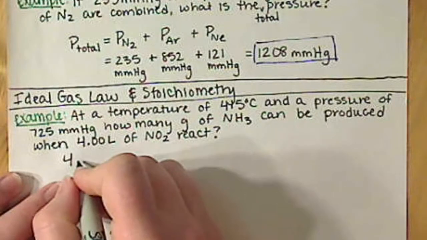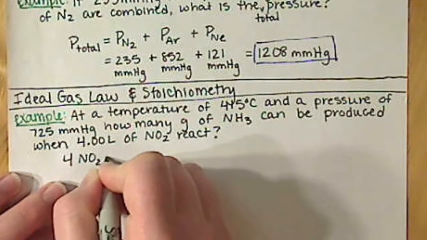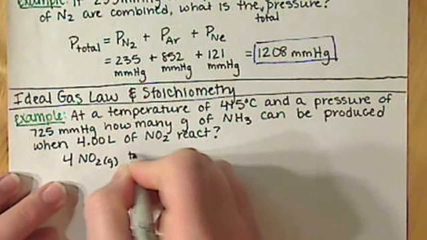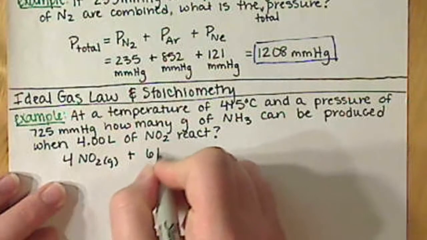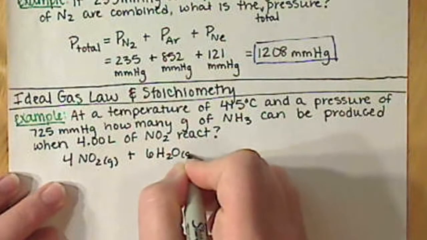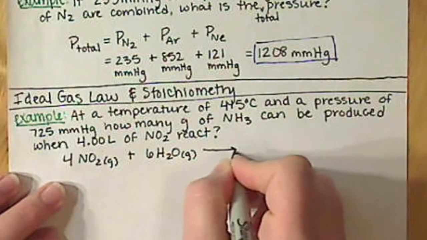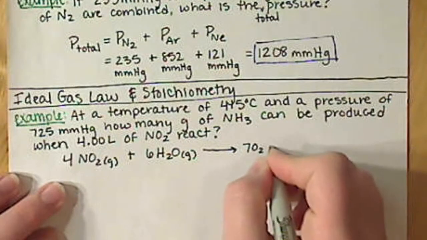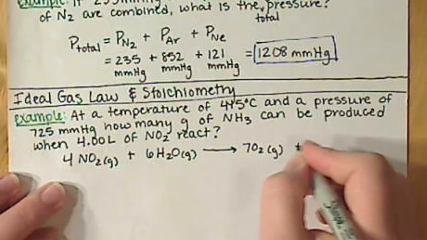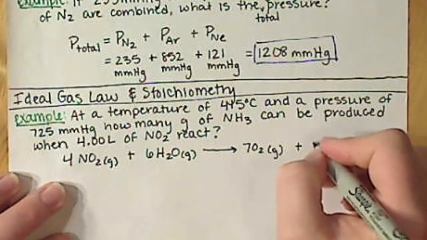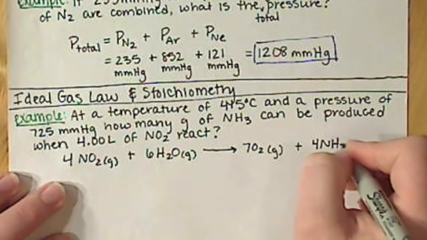We have 4 nitrogen dioxides in the gas phase, plus 6 waters, also as a gas. And we're going to produce oxygen in the gas phase and ammonia.